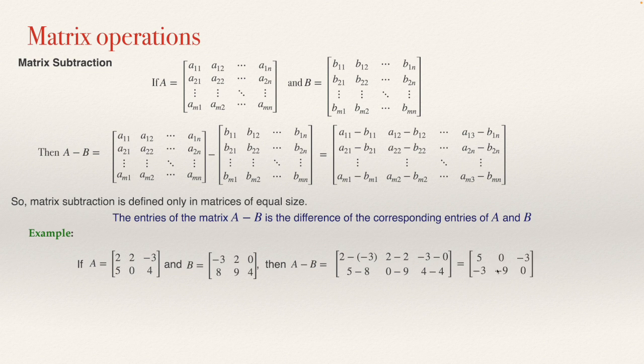So this will be the answer for this. So these three operations, scalar multiplication, addition, and matrix subtraction, are very easy, and the answers are always matrices of the same size. The next operation will be matrix multiplication.